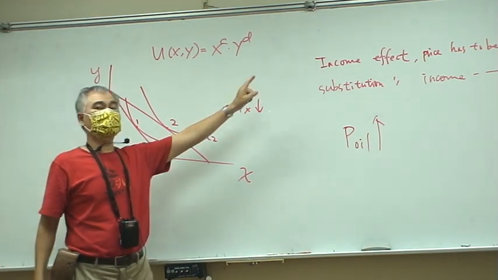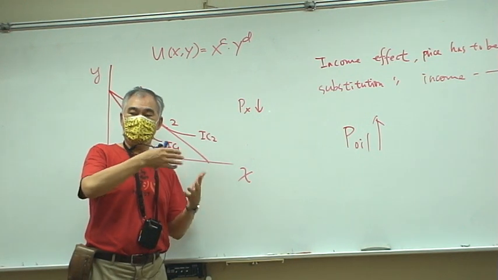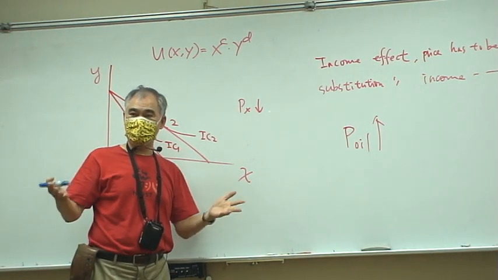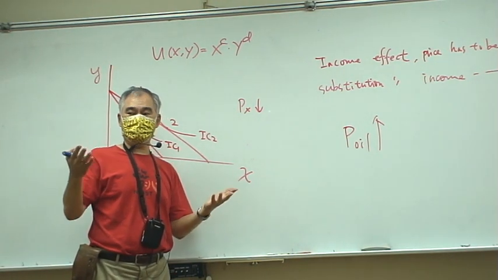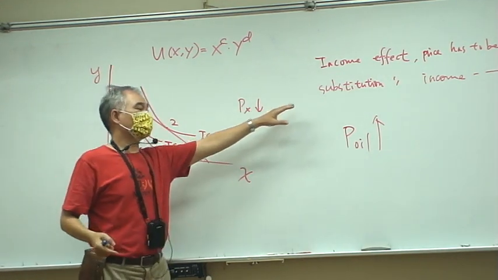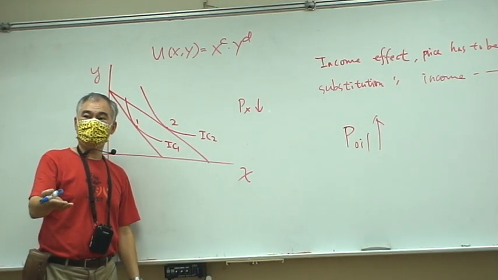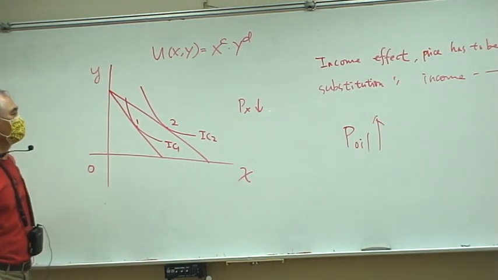The first part is income effect, because the good is cheaper, right? If you buy the same, you still have more money left. It sounds like you get more income. So this is income effect. And substitution effect is that because it's cheaper, you buy more of X. So how to deal with it?